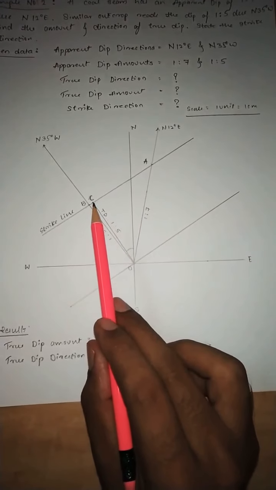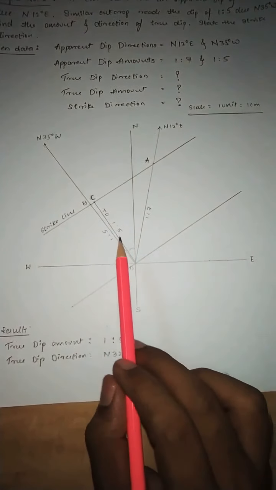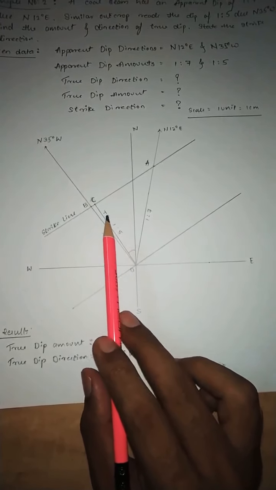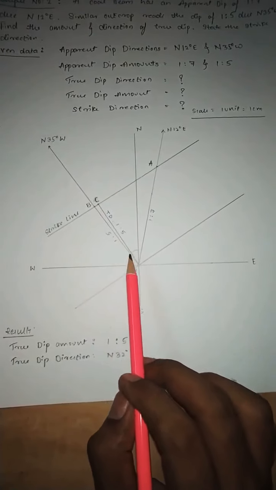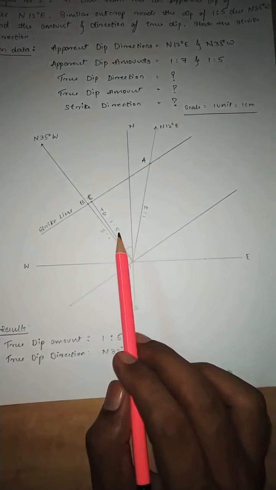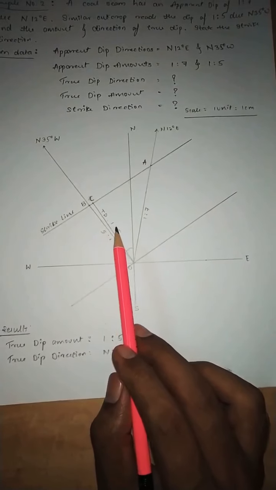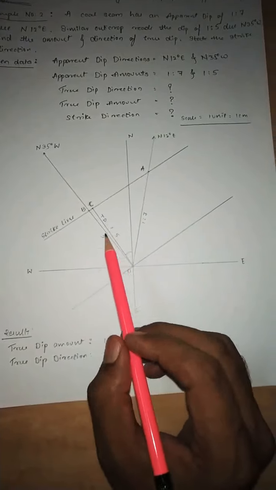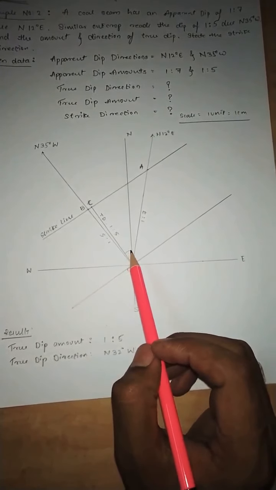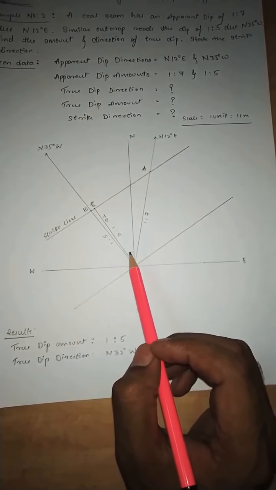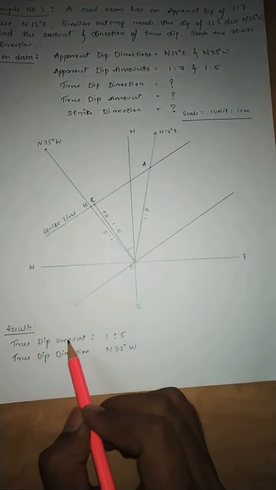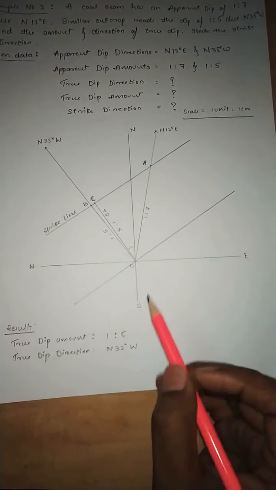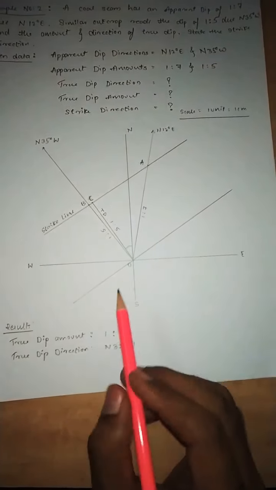So we have drawn a perpendicular line to the strike line, and the intersection point is marked C. That is the true dip, and we have measured the amount, that is 1:5. The direction we have measured as the angle: the true dip direction is north 32 degree west.